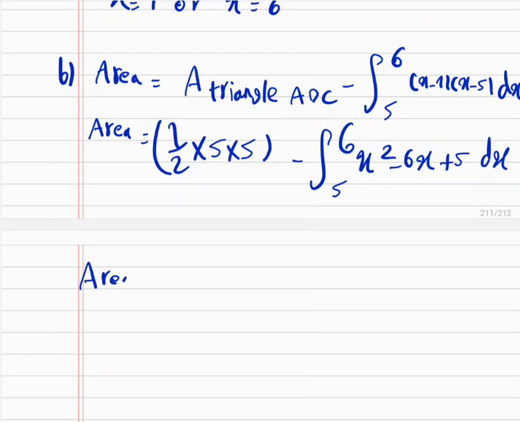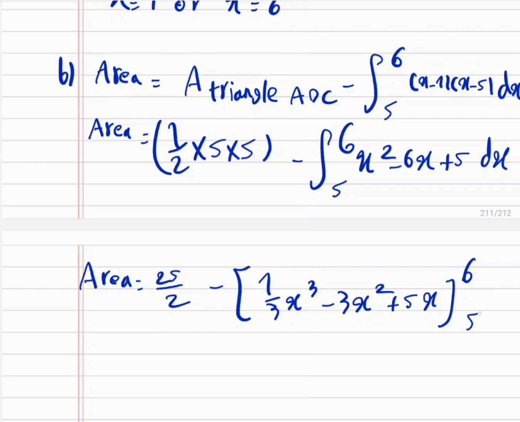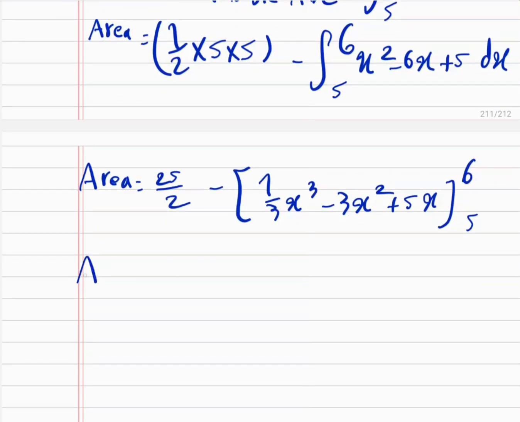Okay, so area is equal to 25 over 2 minus, let's integrate. So we have 1 over 3 x cubed minus 3x squared plus 5x, and then the limits are 6 and 5. So we just need to substitute the limits.